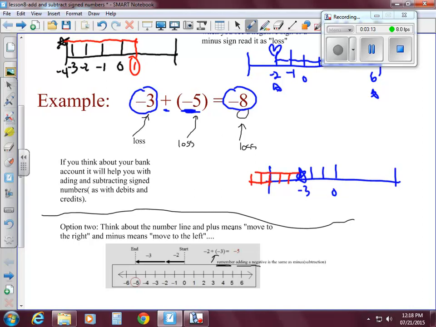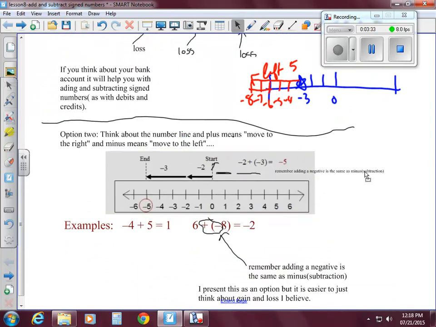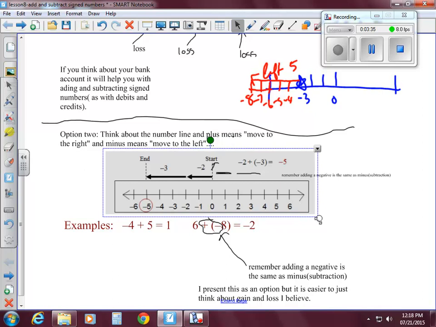If I go to the left 5, where am I going to end up? Well, -4, -5, -6, -7, -8. See? Going to arrive at -8. So you can always sort of draw it out if you need to. And I'll even zoom in on this picture here so we can see this a little better. Remember, adding a negative is the same thing as minus.